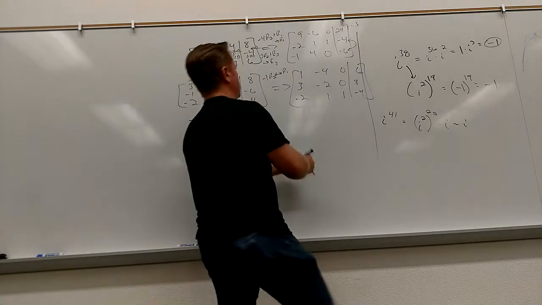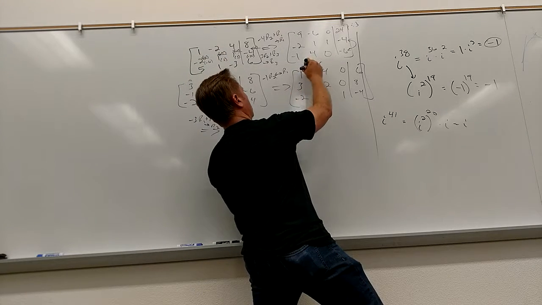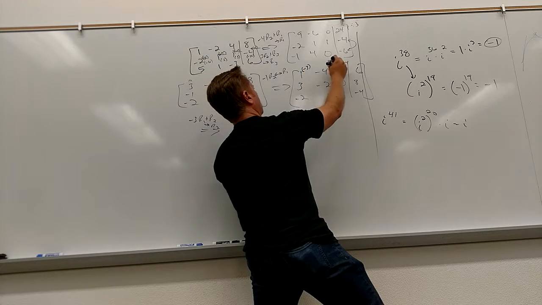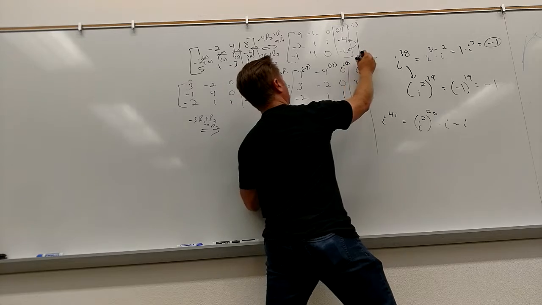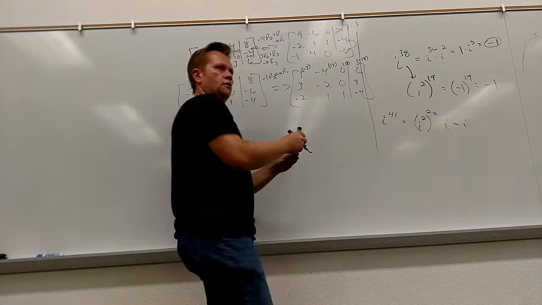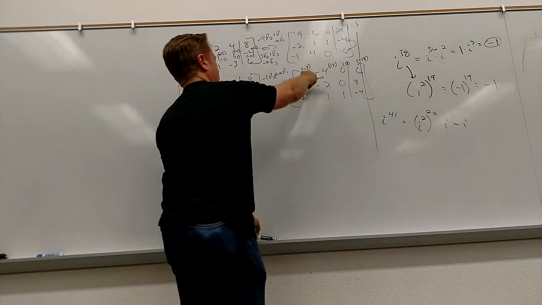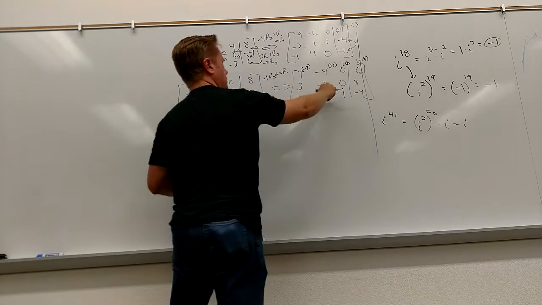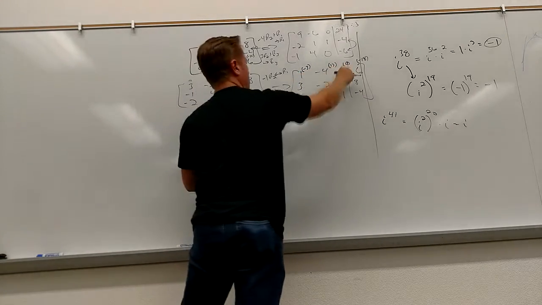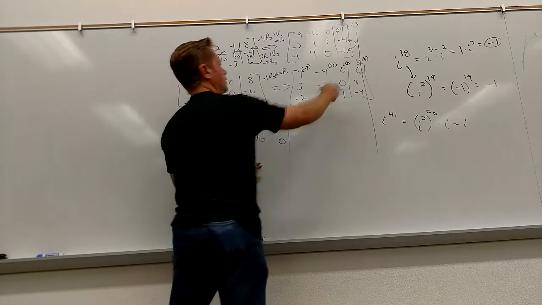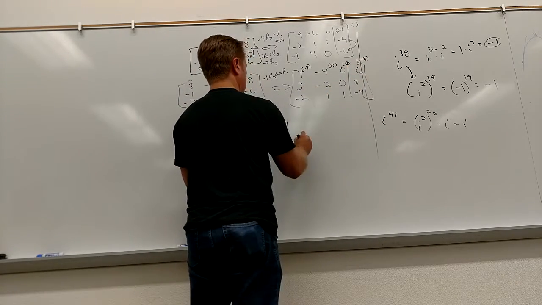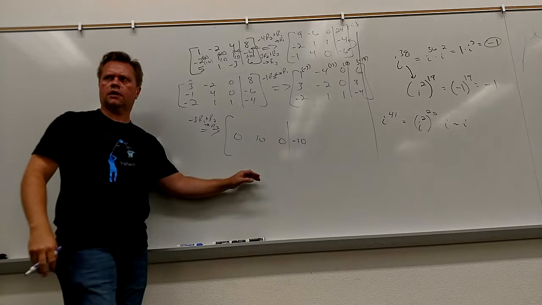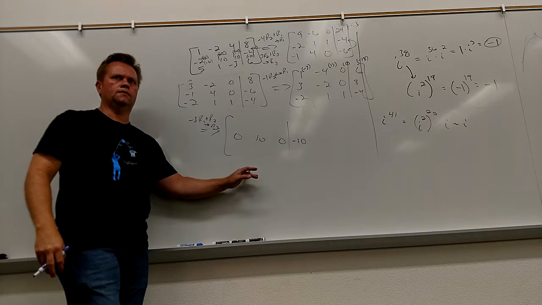So if I multiply this one by negative 3, it's negative 3, 12, 0, negative 18. Negative 3 plus 3 is 0. That's crazy. 12 minus 2 is 10. 0, 0, 0. Negative 18 plus 8 is negative 10. That looks really, really nice.